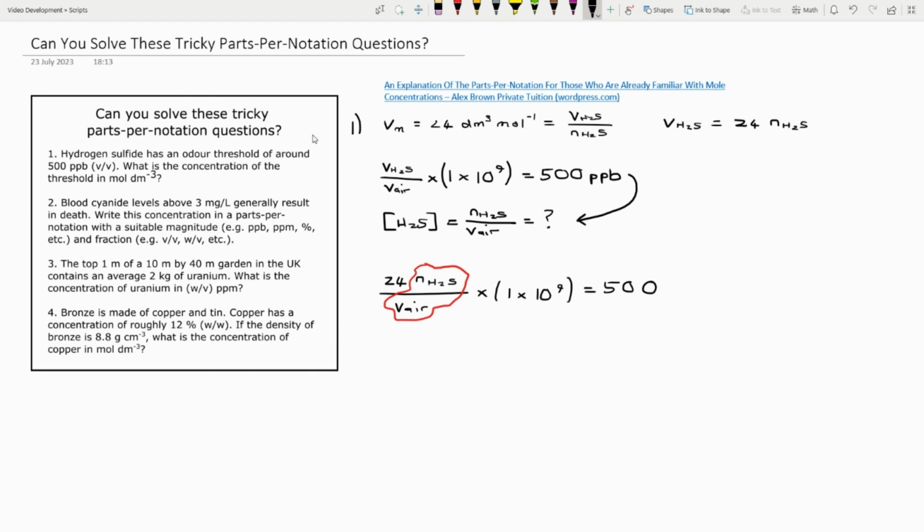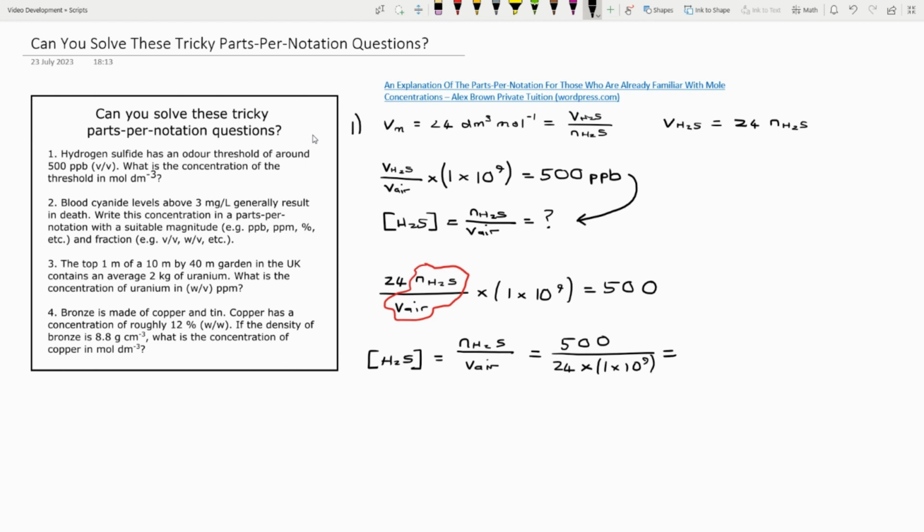So the H2S concentration in moles per decimeter cubed is equal to N H2S over V air, which is equal to 500 divided by 24 times 1 times 10 to the 9.